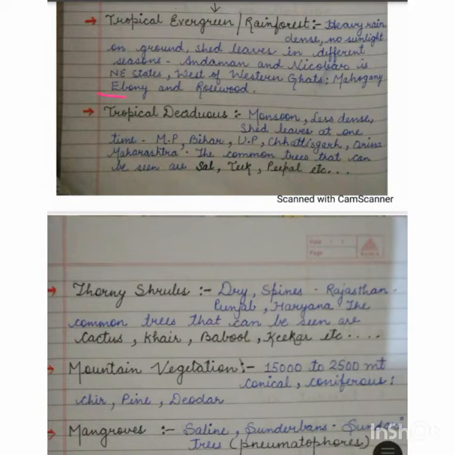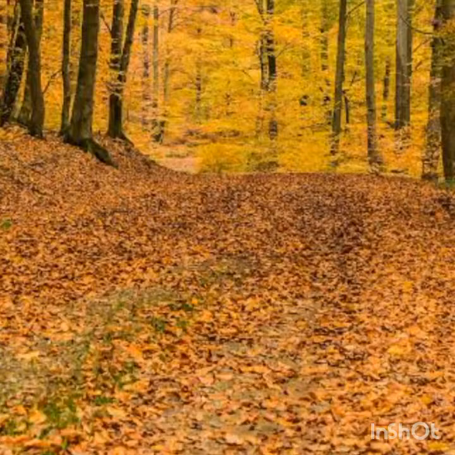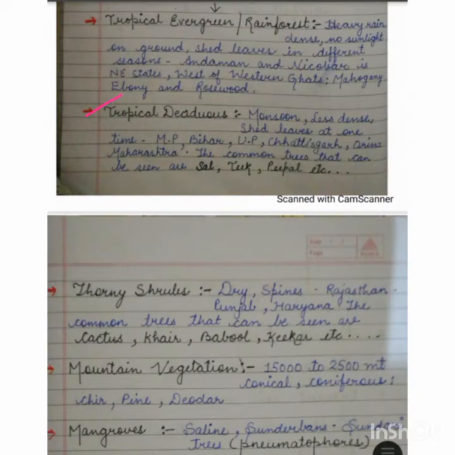Now coming to the second, the tropical deciduous forest. These are the most widespread forests in India. These forests are also known as the monsoon forest. They are less dense and shed their leaves at a specific time of the year. They are found in areas where the annual average rainfall is between 100 to 200 centimeter.